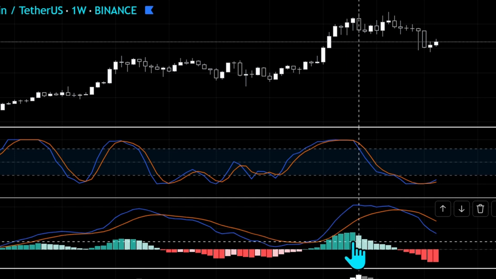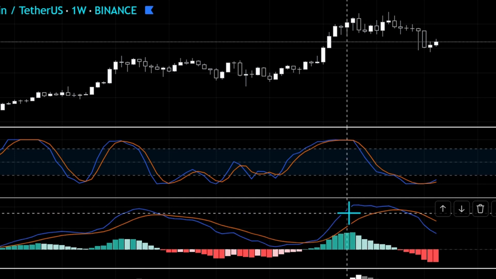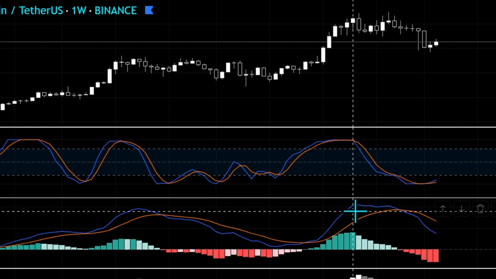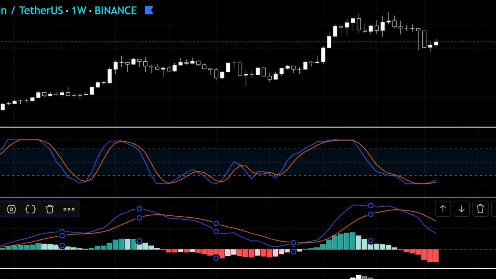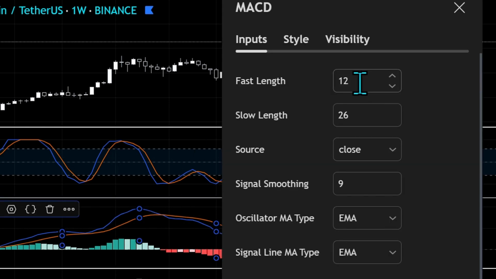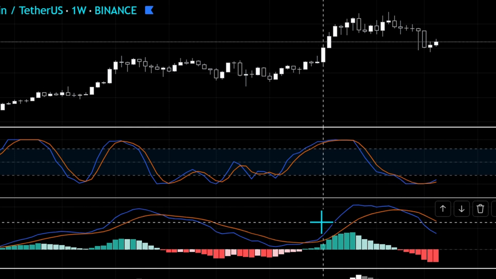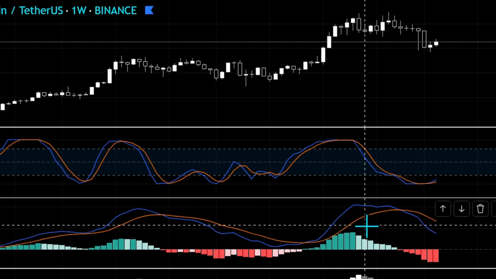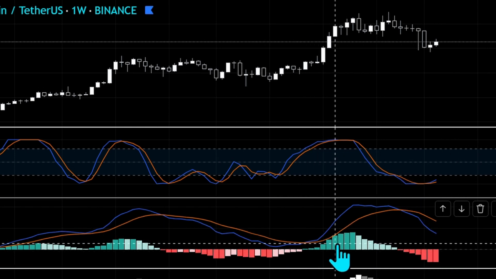MACD has a histogram, which basically just represents the width between the two moving averages. Now you can set what you want your moving averages to be, and typically most people are using 12 and 26, but that will also give you a visual representation of the strength of the trend.